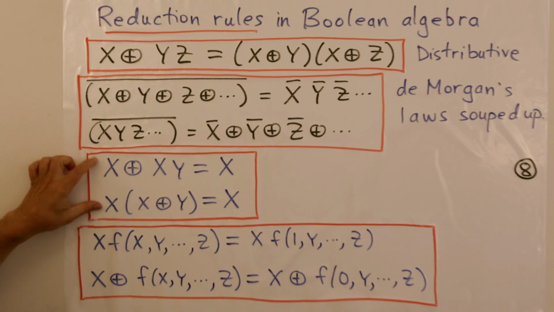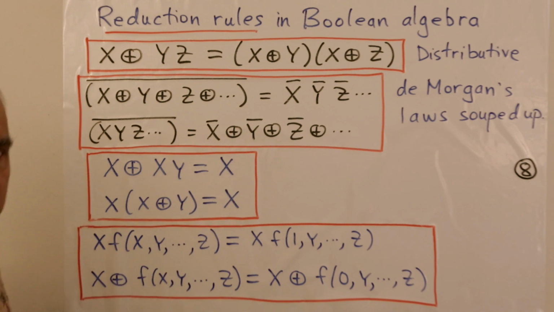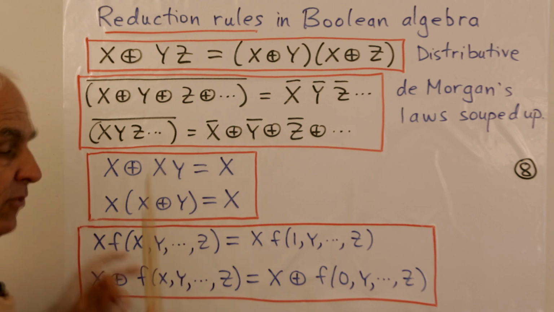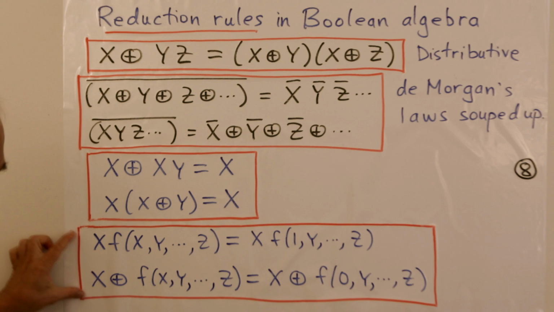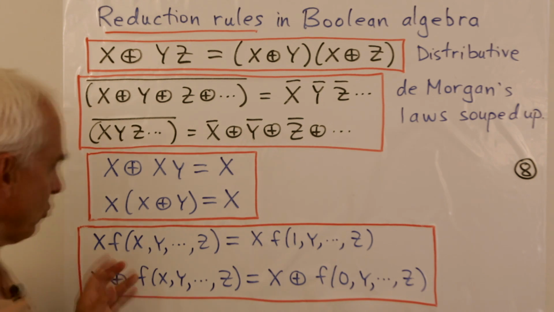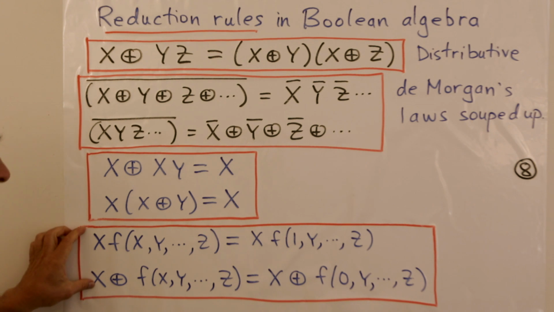And then we have these special absorption laws: x plus xy is x, no matter what y is, and x times x plus y is also x, again no matter what y is. In addition, Shannon identifies two other reduction laws, which I think go beyond Huntington.